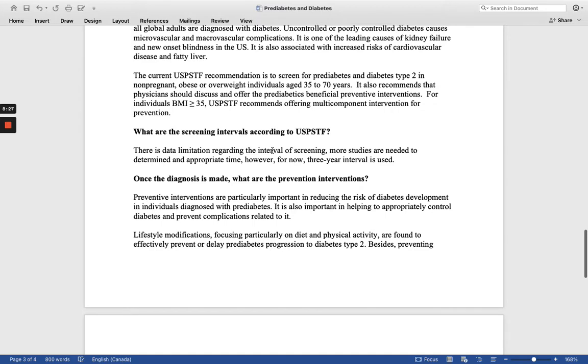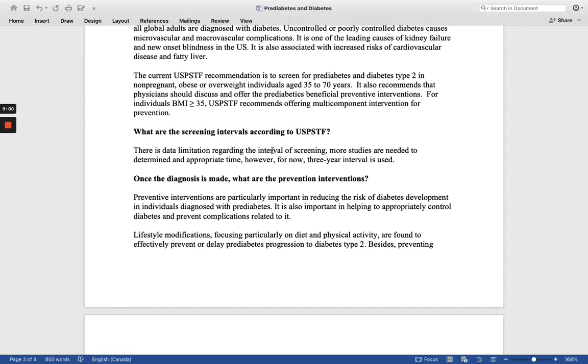For individuals who are pre-diabetic or diabetic, they are then given options to have preventative interventions, specifically for pre-diabetics because they are beneficial for them. So preventative information is supposed to be discussed with these patients, and they are supposed to be counseled about their condition according to the new guidelines as well.